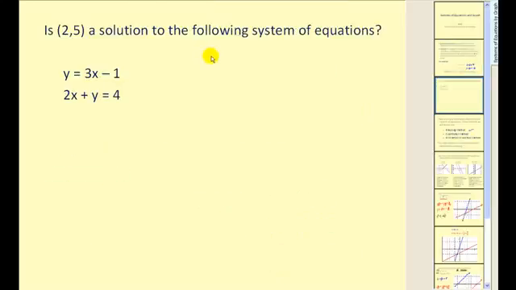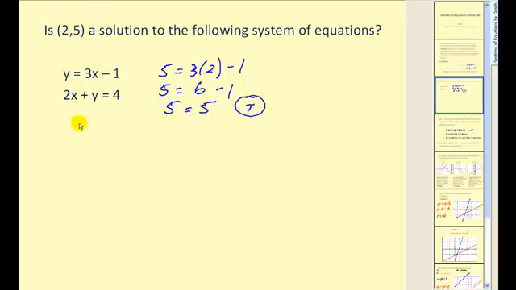So if we are posed with the question, is (2, 5) a solution to the following system of equations, we have to make sure when x equals 2 and y equals 5 that it satisfies both equations, not just one. If we take a look at the first equation, we'll replace y with 5 and x with 2 and see if it's true. We would have 5 equals 6 minus 1, or 5 equals 5, which is true.